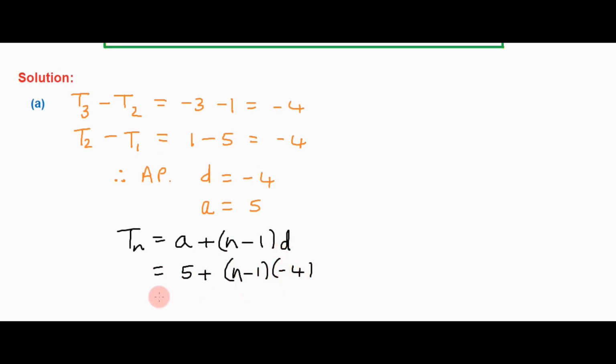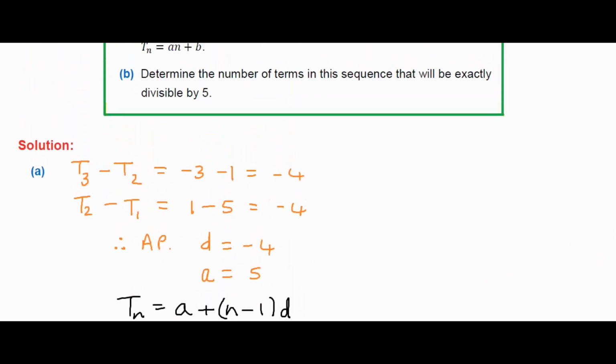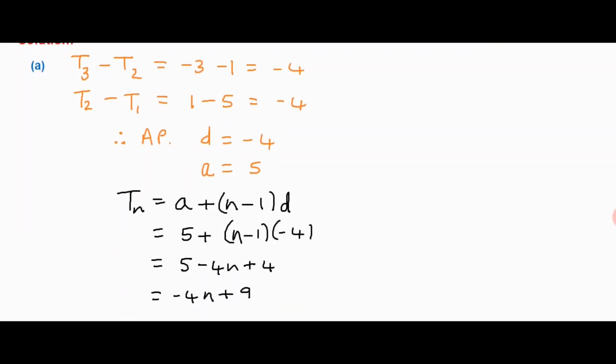We simplify this, we get 5 minus 4n plus 4, and this of course is minus 4n plus 9. So we have the form T sub n equals an plus b. We can see that A is equal to negative 4 and B is equal to 9.